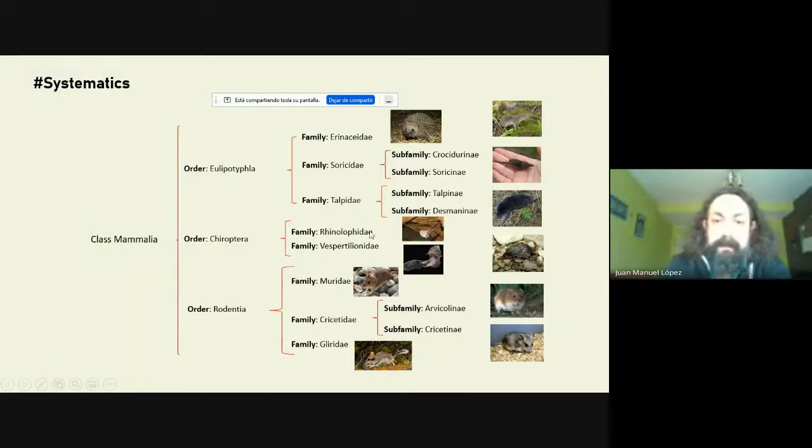Also bats, which have two big families, the Rhinolophidae and Vespertilionidae; there are many more, but these are basically the remains you can find in an archaeological site. After that, the most abundant rodents are mice, voles, hamsters, and dormice.